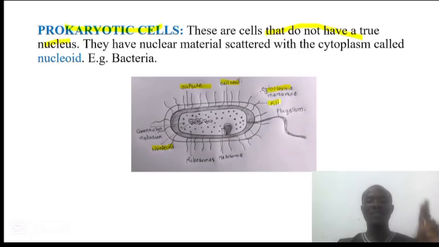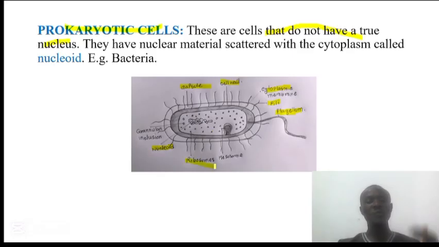Next we have the pili. The pili have two functions. One, it helps the bacteria in attachment. Two, it helps in the transfer of genetic material between bacterial cells. And we have this whip-like structure called the flagellum. This flagellum is there for movement. And we have the ribosome.